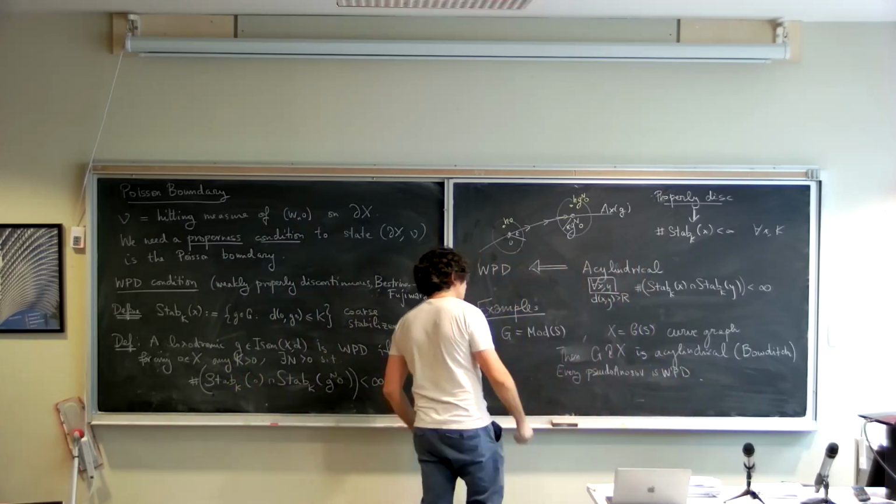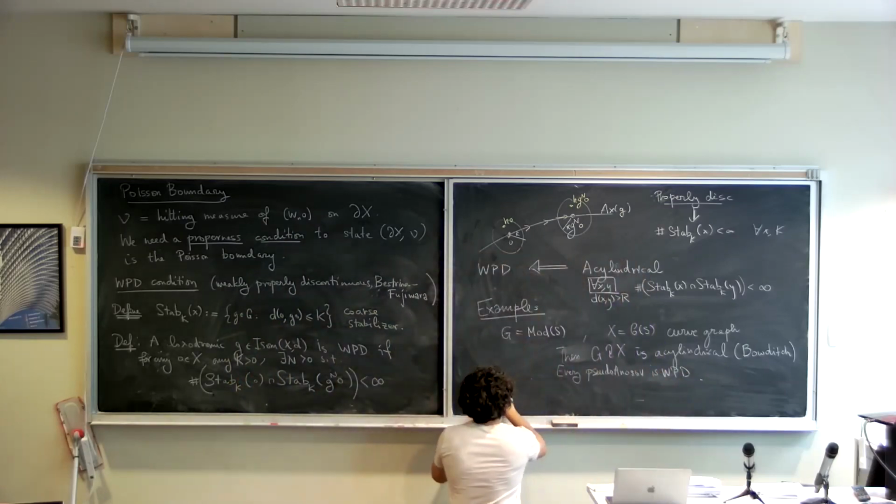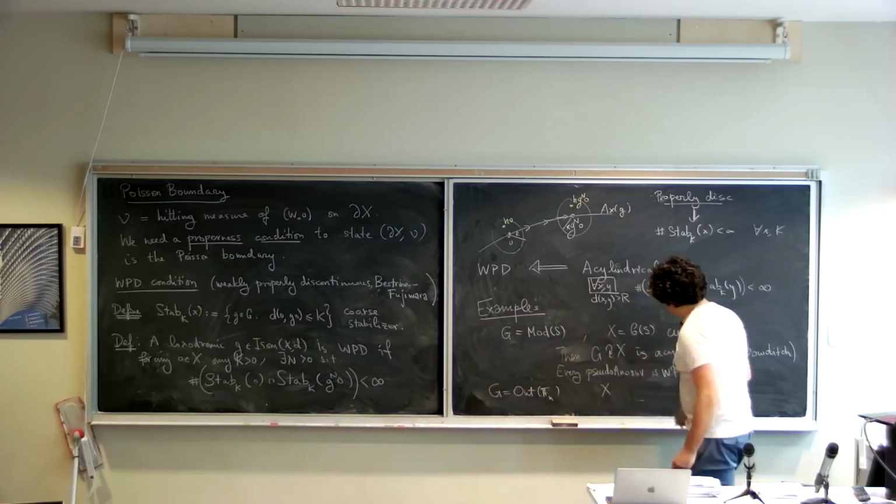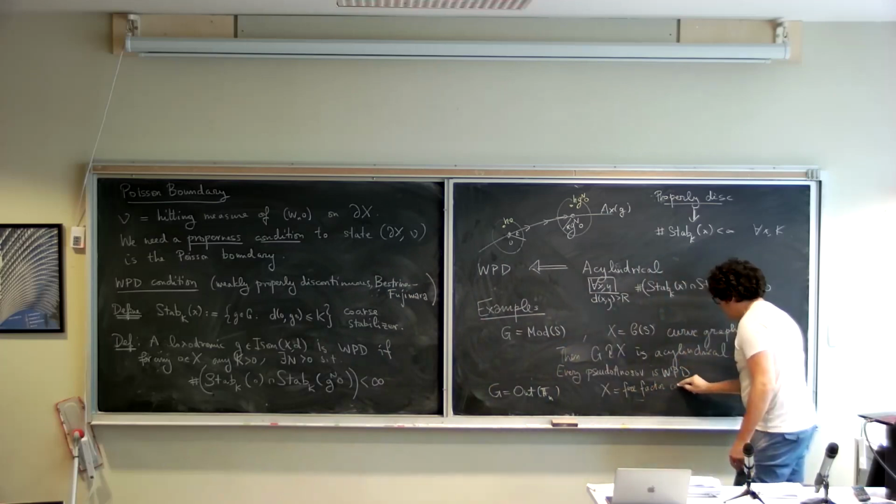But on the other hand, if G is Out(F_n), for instance, and X is, for instance, the free factor complex, whatever complex, I think.